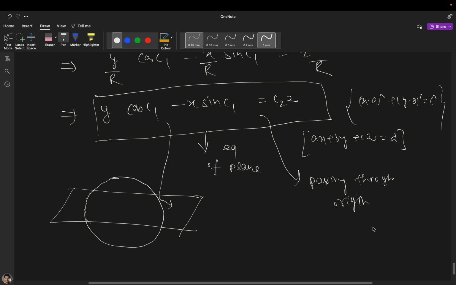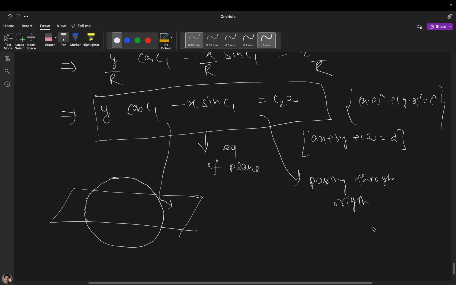Is there any guarantee that it will form a circle? Yes, any plane that intersects will form a circle, but that will not be a great circle.